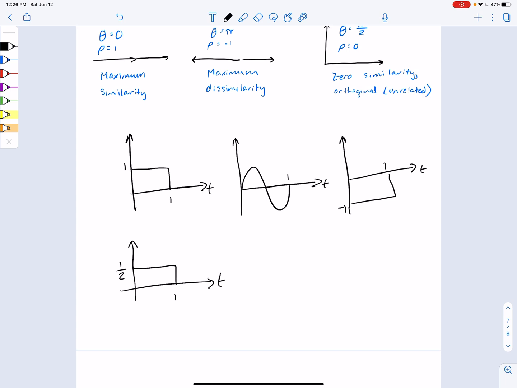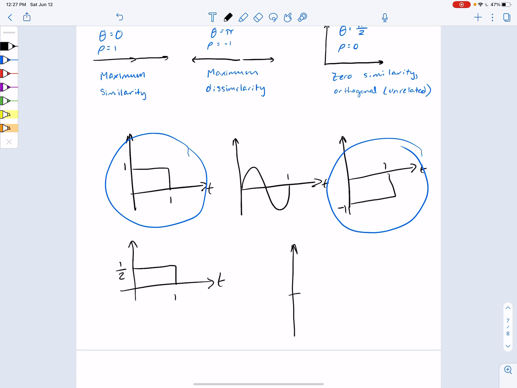So if I look at these, the two that are opposite, with a correlation coefficient of -1, are these two. That makes sense because a lot of times when we do a binary transmission, we end up having some kind of square wave. So that's a little example of why this might be useful to know.